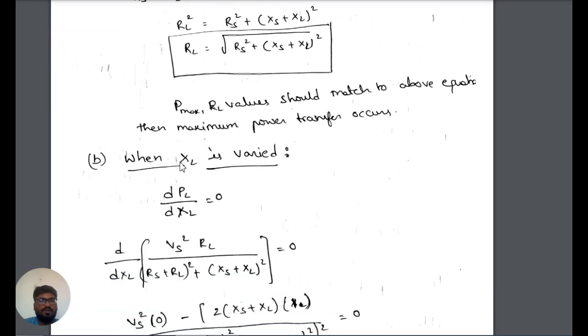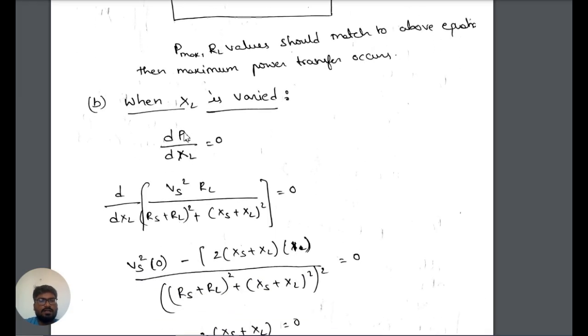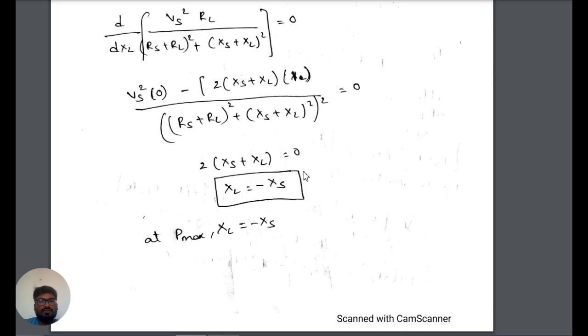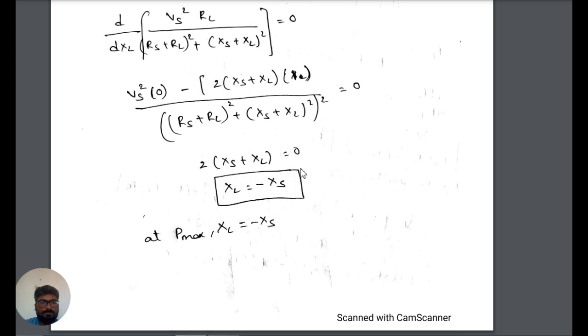If the reactive part XL is varied, then we differentiate the same power with respect to XL and set it equal to 0. Then we confirmed that when XL is equal to minus XS, maximum power will be delivered to the load.